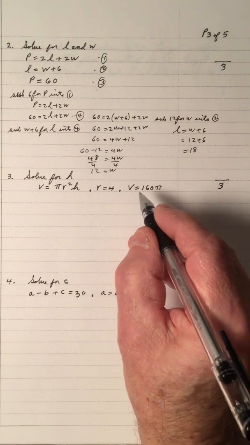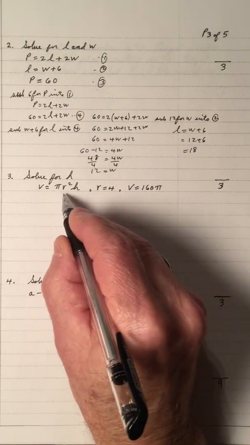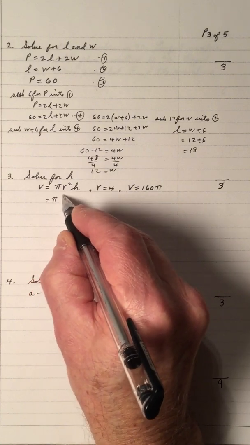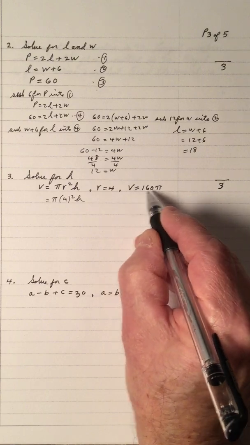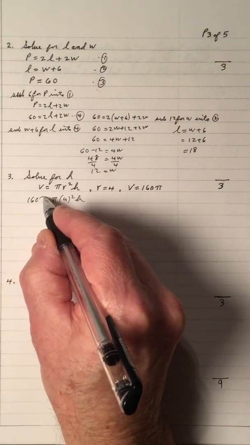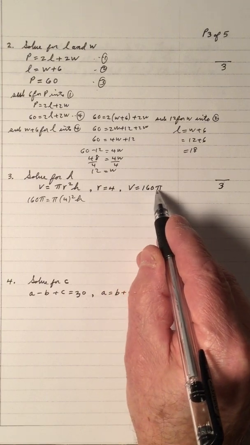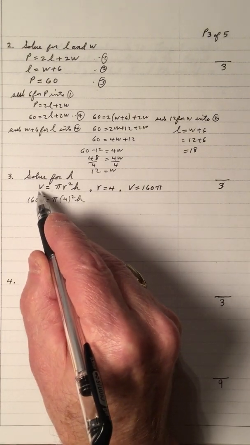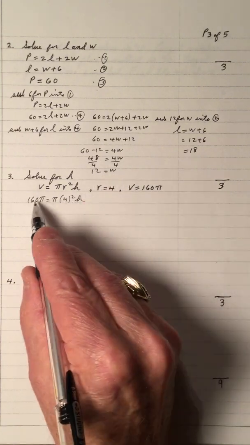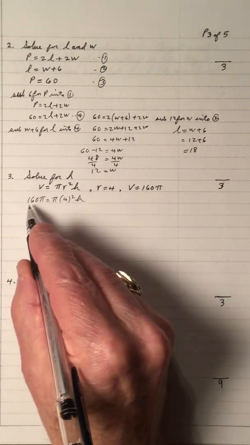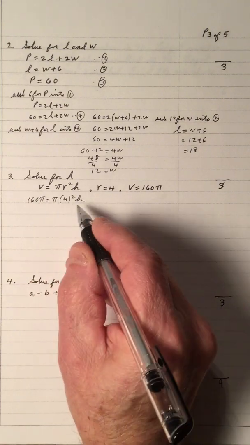To do it quickly, I'm going to sub r in for 4, and the volume V is 160 pi. Now the only unknown left is the h, because the pi is on each side, they'll cancel out.